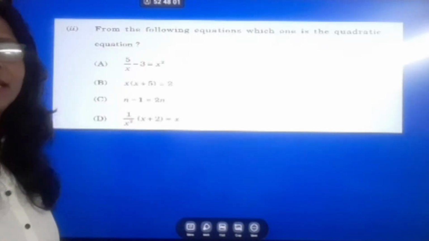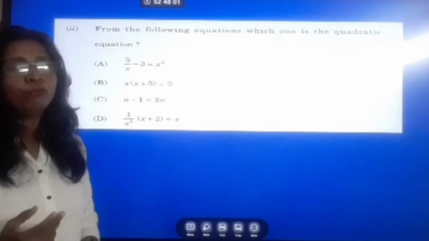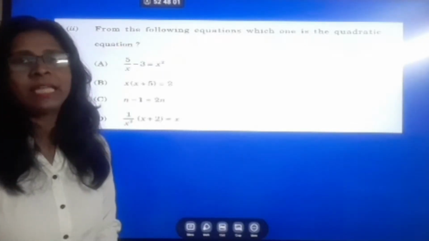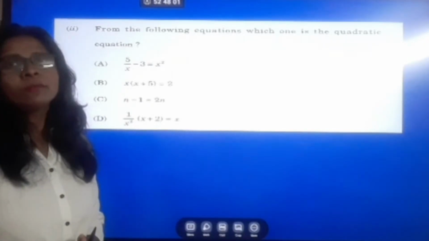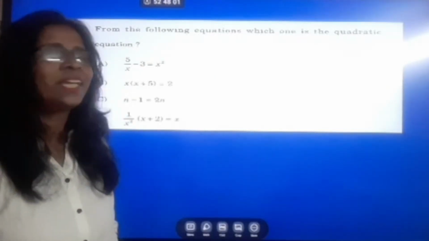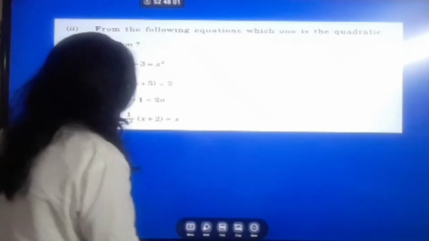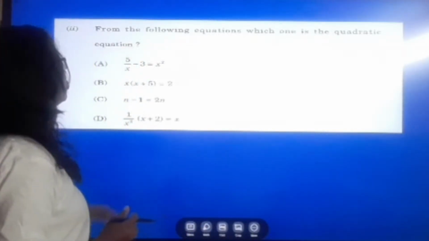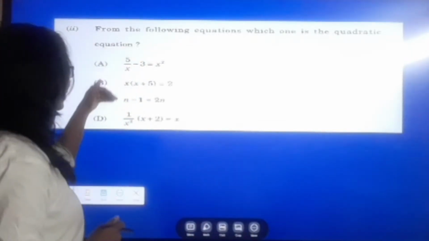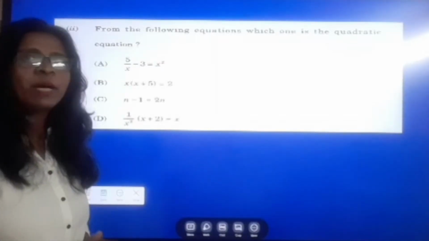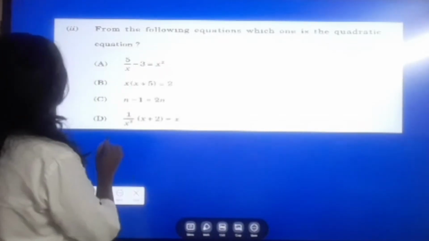Four options are given, and among them one option is correct. We have to check which option is the quadratic equation. So for that purpose, I take the first one.